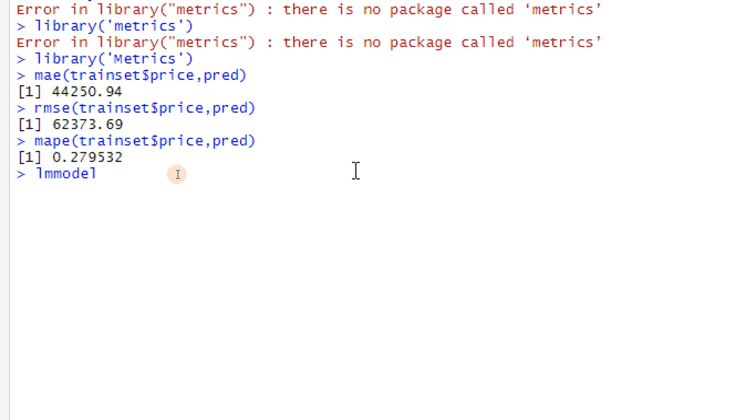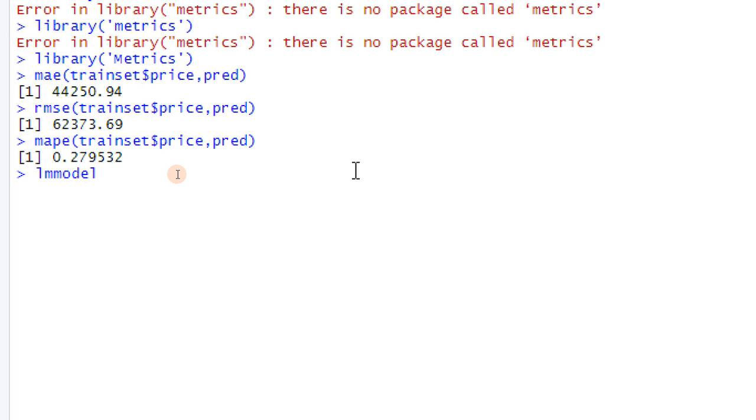To improve that value, I need to give much more data to train my model. Then I will get a good percentage. You can see that 0.27 means 27 percentage. Next time I use this model, it is off by 27 percentage.